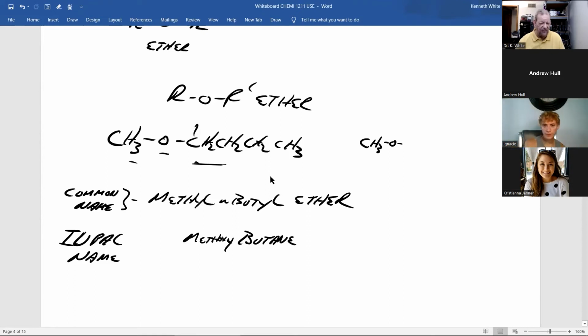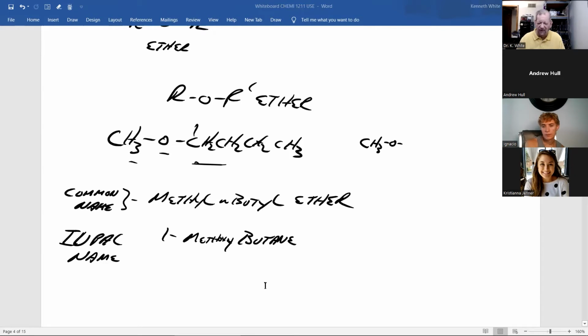And this is carbon 1, so that's 1-methoxybutane. Which is easier name to get to? The common name, which is why organic chemists use that, unless you absolutely have to use IUPAC, which is very rare.